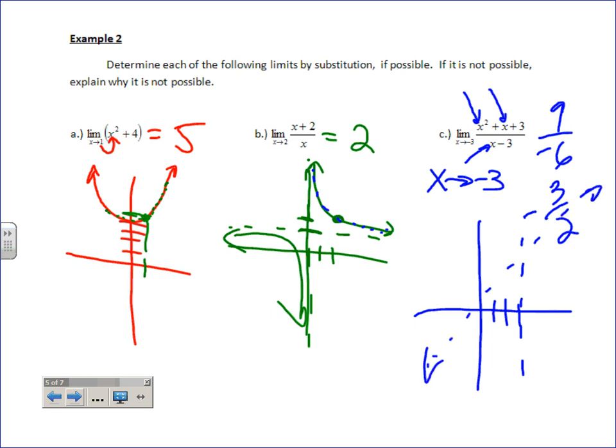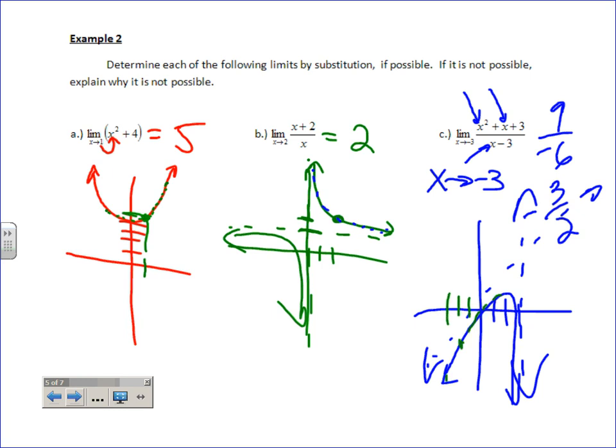There's your slant asymptote. There's your vertical asymptote. You've done these. So as x approaches -3, it's out here.